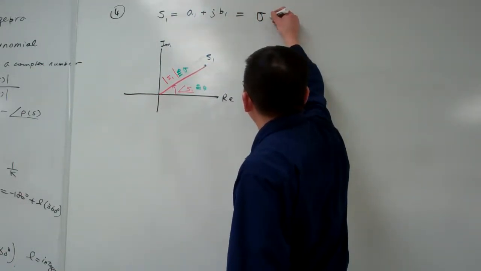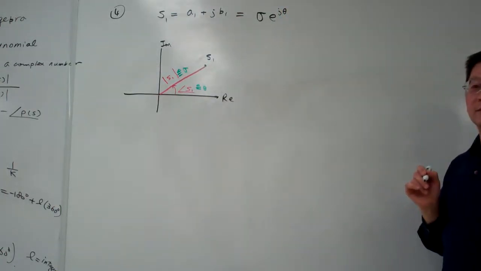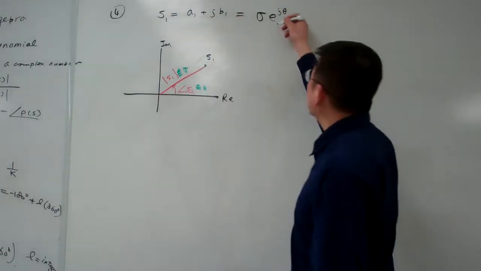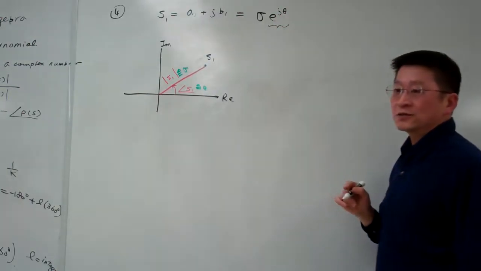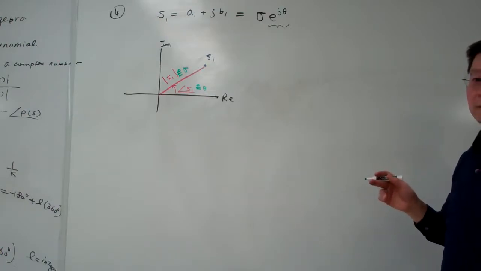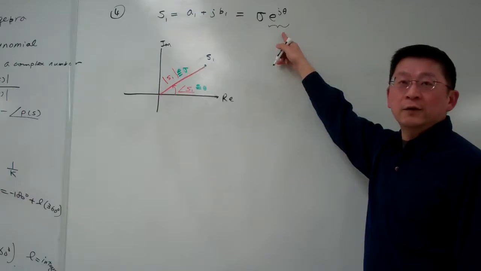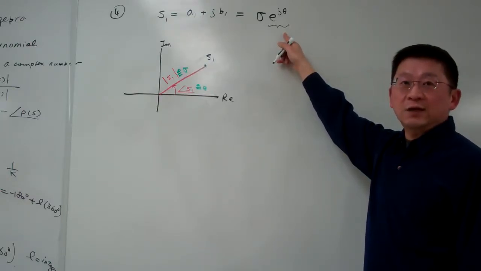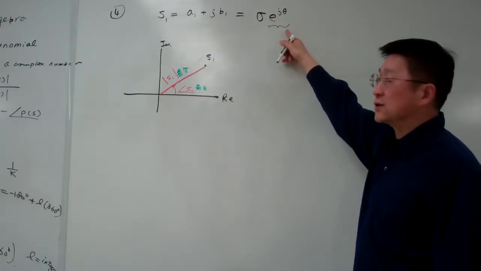If you remember that one, e to the J theta. Here we introduce a very particular notation. This notation is only valid in the complex plane. This is a definition. We can prove it, this can be a derived quantity, but we don't have to. If you wish, you can treat this as a definition.